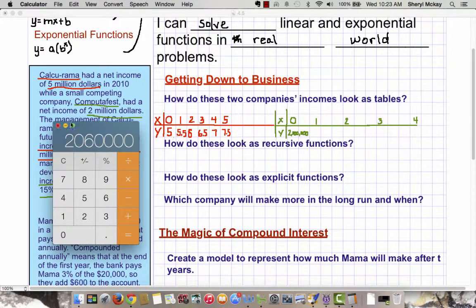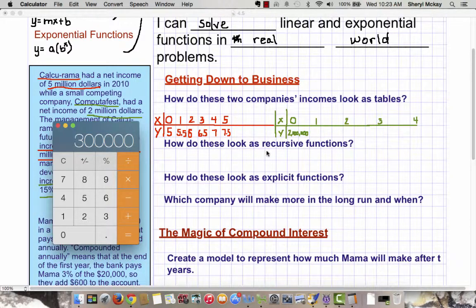All right, this is going to get really hard for you to write. I'm terrible at writing tiny, so I'm going to actually type it in. You know what? I just realized that I multiplied by 3%, and I really need to be multiplying by 15%, right? Isn't that what it said? So let's do this correctly. 2 million times 15% equals 300,000.